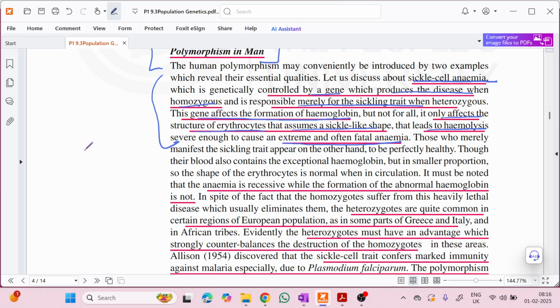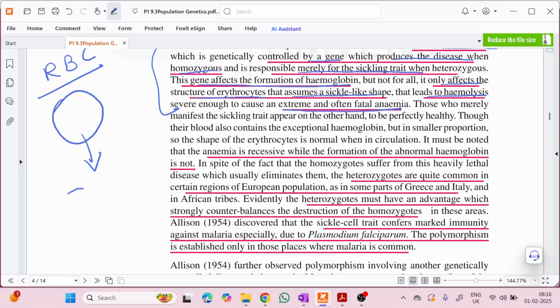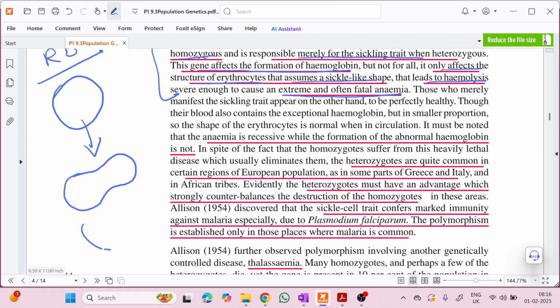अब इस पैराग्राफ का मतलब ये है that normally erythrocyte means red blood cells. Red blood cells, they are spherical in shape, but due to sickle cell anemia, in some population, these cells, they take up a form of a sickle.